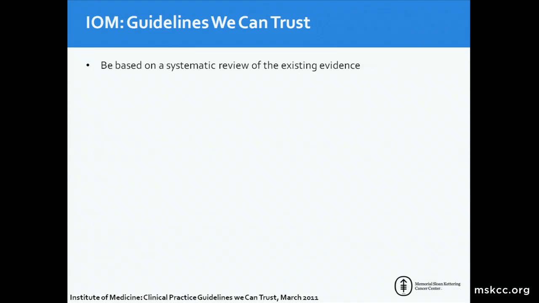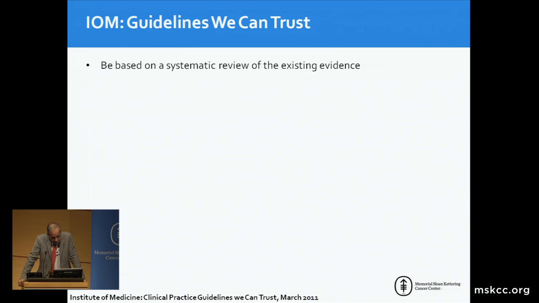So we have to start with the 2011 report from the Institute of Medicine. They published a seminal paper on guidelines we can trust. These were largely theoretical, not actually practical applications of a set of measures and a set of guidance for guideline production.